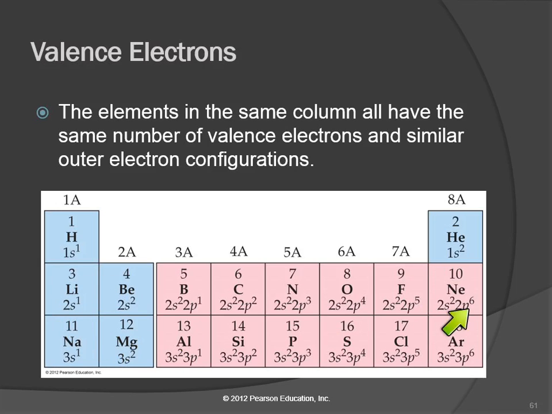Magnesium would be neon plus 3s2. What do these 3 elements have in common in their electron configuration? One electron in the valence shell. Yeah, they've got s1, s1, s1, s1. And the level filled goes 1, 2, 3.